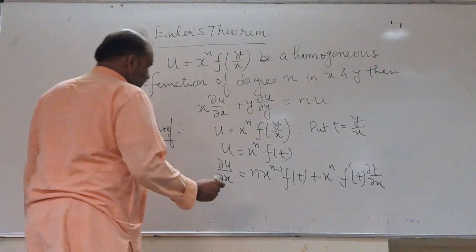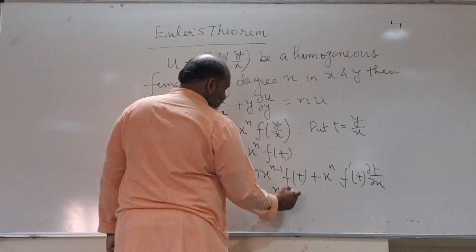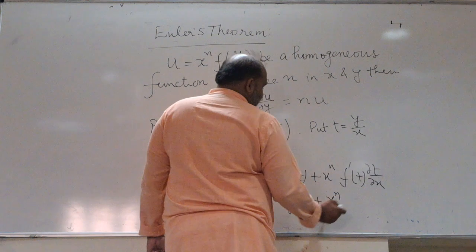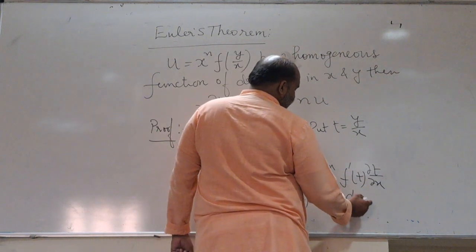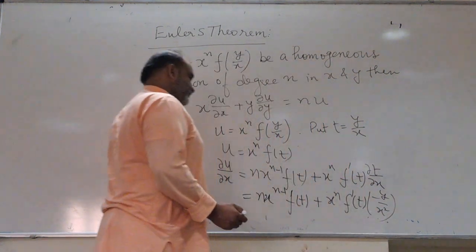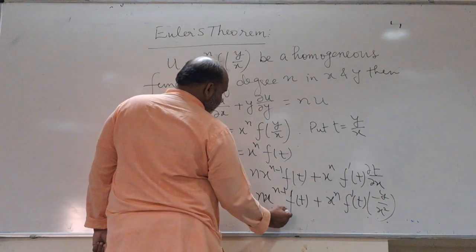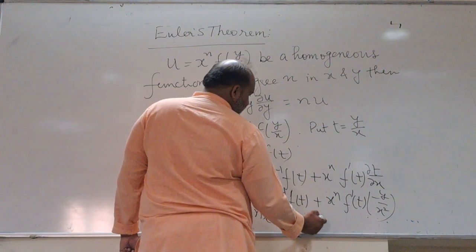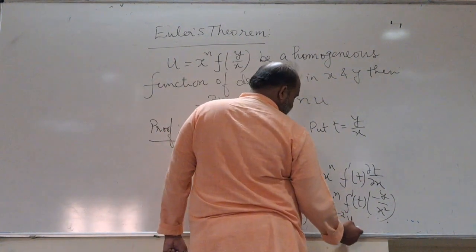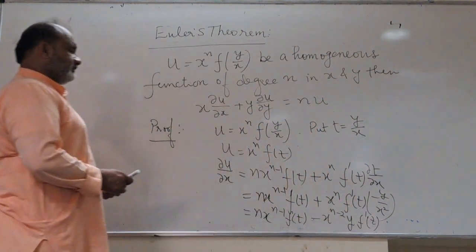So this expression will be equal to n x^(n-1) f(t) plus x^n into f'(t) into -y/x^2. So finally this will be n x^(n-1) f(t) minus x^(n-2) into y and into f'(t). Is it okay?